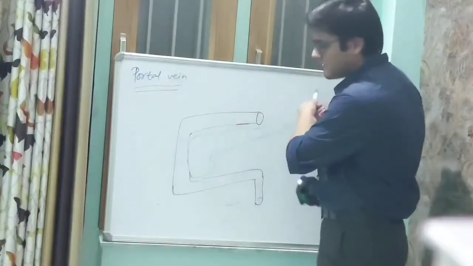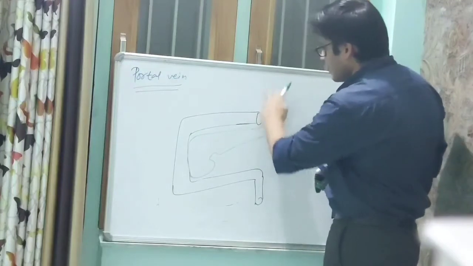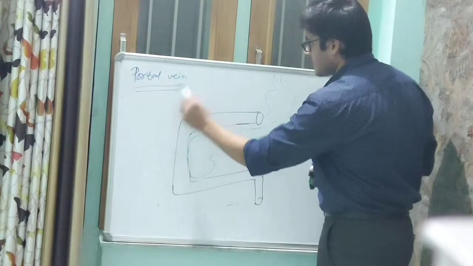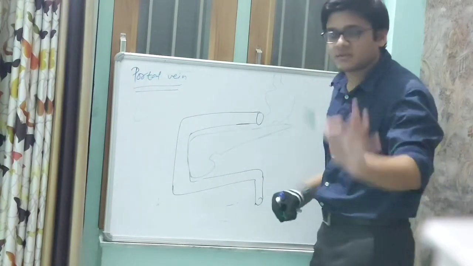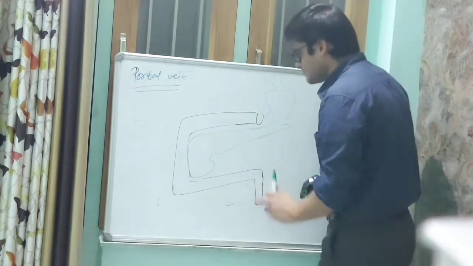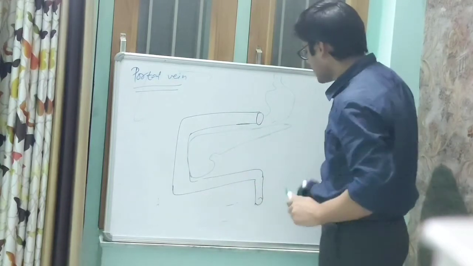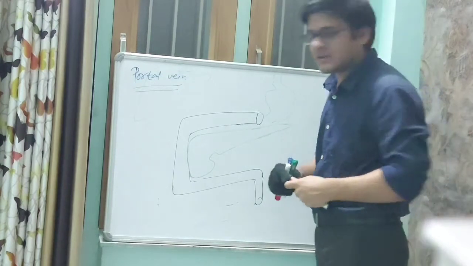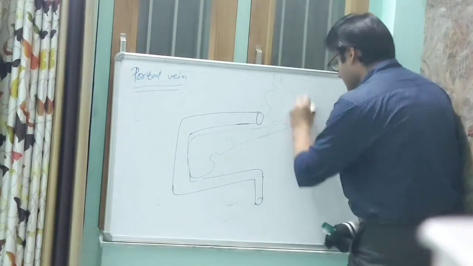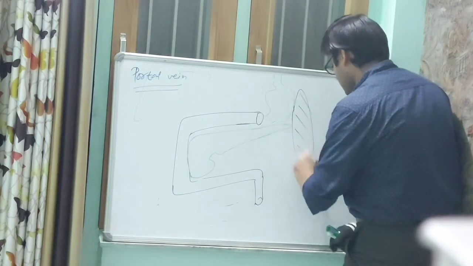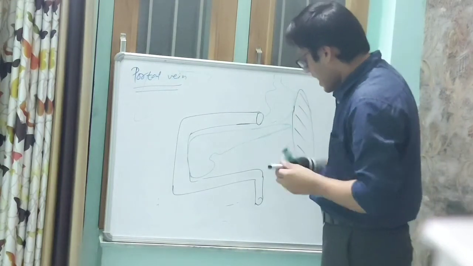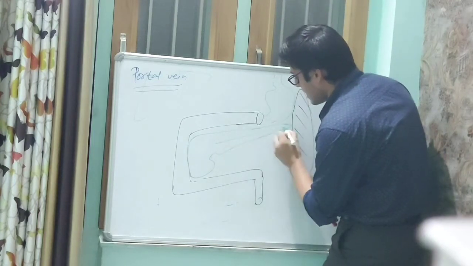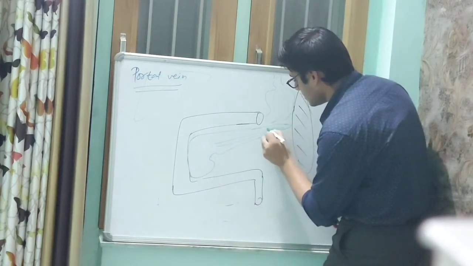Okay, here will be the liver and stomach, as you know. Here will lie our stomach, and here will be some of our liver. This is an understandable diagram. This is our duodenum, this is the pancreas, and here will be our spleen.